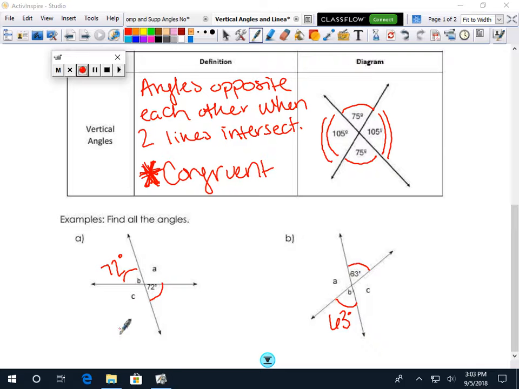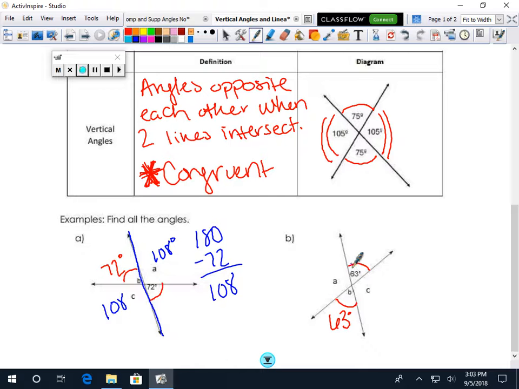All right, so for angles A and C on example A here, I have a straight line. And we already said that a straight line makes a linear pair. Angle A and 72 here are a linear pair. So 180 minus 72 would give me 108. So angle A is 108, which makes angle C 108.